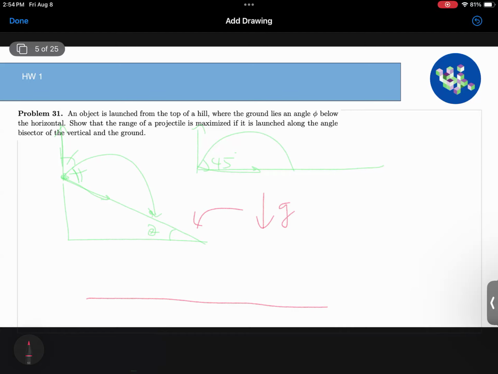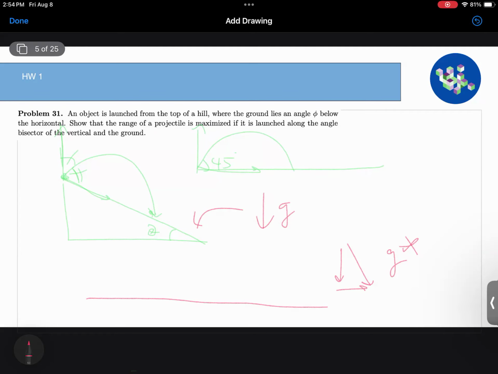If I rotate my frame of view so the hill is horizontal, like if you tilt your head a bit, you'll see that g now points in this direction. This is the new direction of g, or I'll say g star, and I have a vertical component and a horizontal component of g.